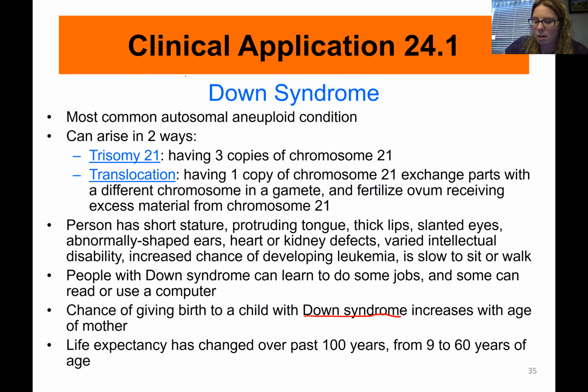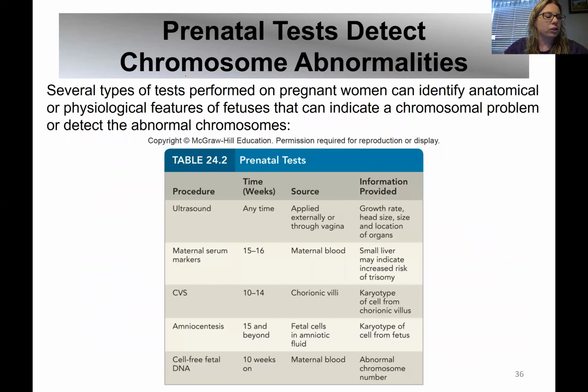All right, just really quick to end up here. I know this one's taken a little bit longer, but some tests can be done. We talked about the Punnett squares and pedigrees, but technology now has enabled us to look at the actual offspring conceived, and also we can do genetic testing on parents before they conceive.